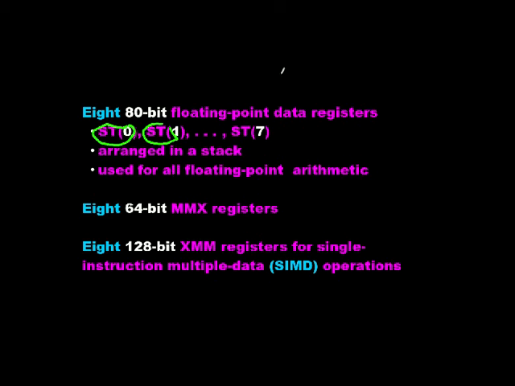Now processors have what? A floating point unit, called the FPU, and this unit deals with floating point operations and arithmetic. Why? Because floating point operations are expensive, so I don't want to keep the CPU busy with those operations.